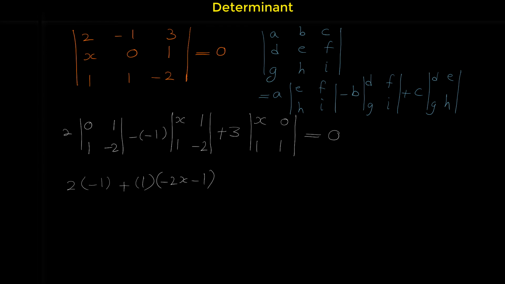And finally, we have 3 times x minus 0, so we have only 3x. Now for solving this equation, note that 3x minus 2x is x, minus 2 minus 1 is minus 3, equals 0. So finally x is 3.